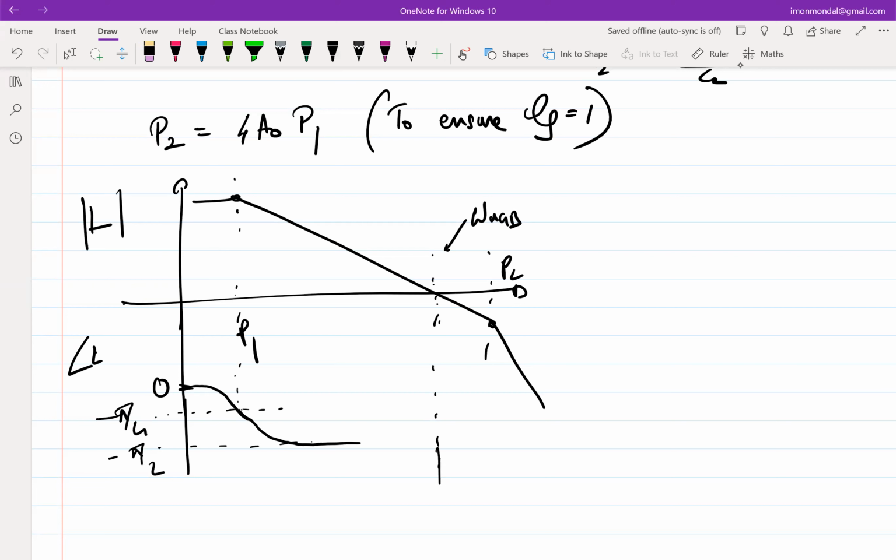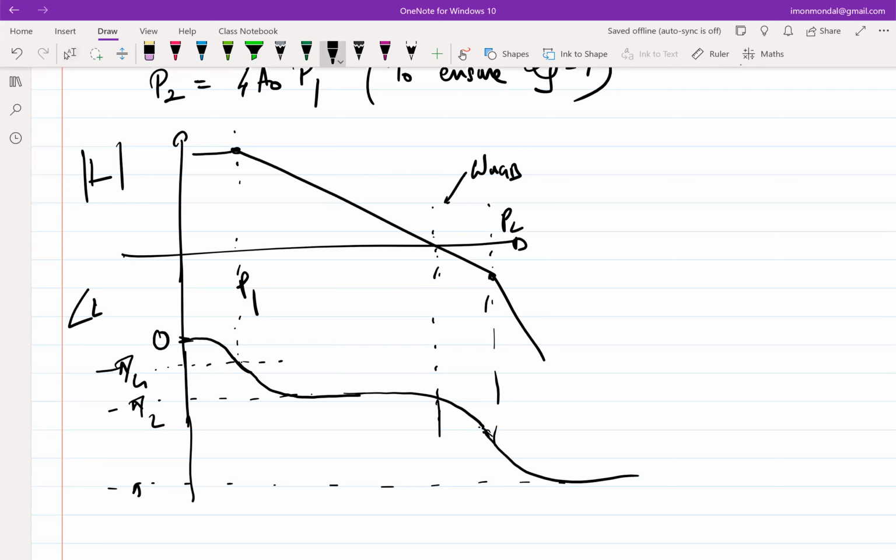At P2, it will go another pi/4, and then it will go to -pi. And this line, this magnitude line, where it cuts, is called the UGB because this is my 0 dB line.